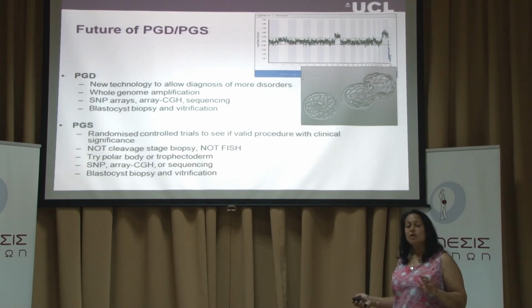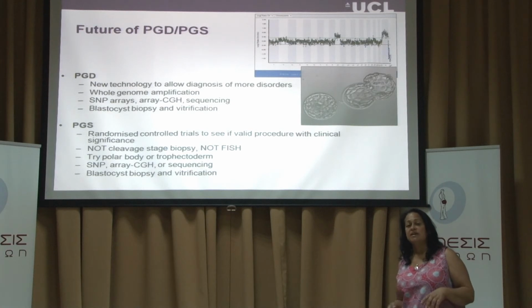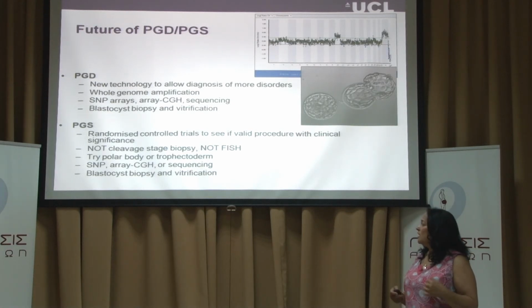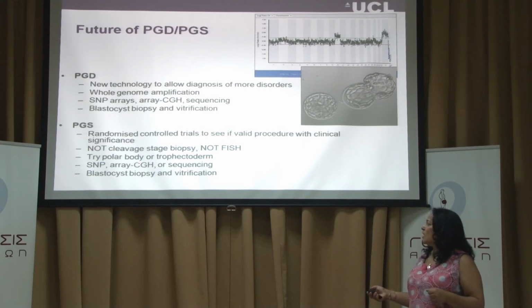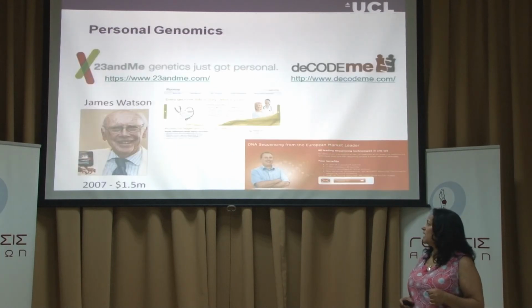I was involved in the initial pilot study with ESHRE looking at the feasibility of using polar body biopsy in array CGH, and now there's a multi-center randomized controlled trial going on supported by ESHRE to have a look at the data on this. We've got all this new technology. We really need to figure out how it all works, and again we can do blastocyst biopsy and vitrification.